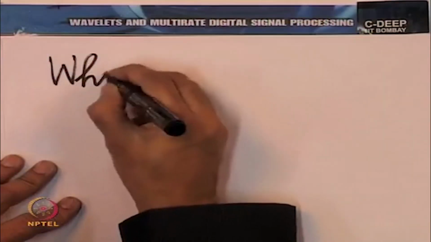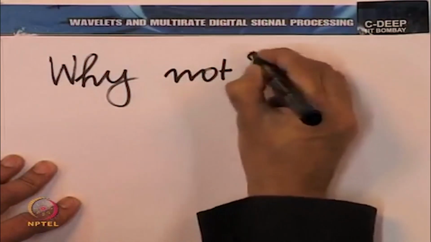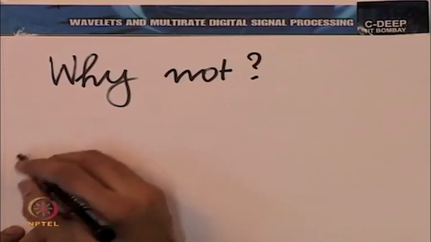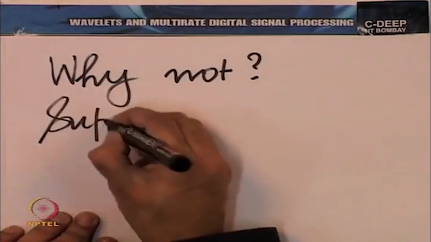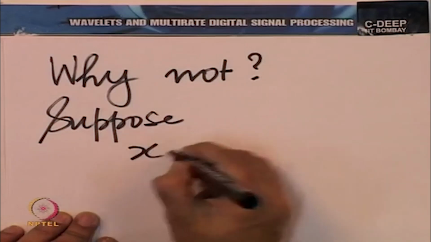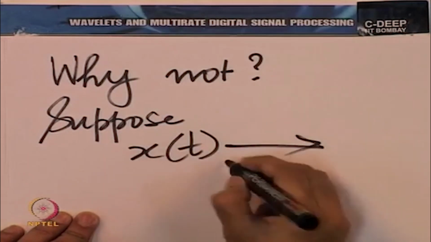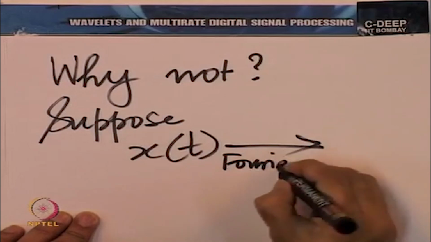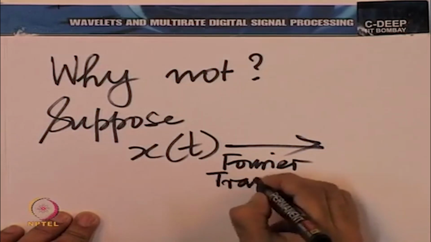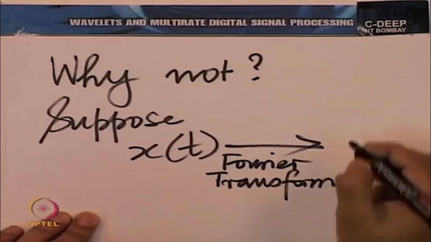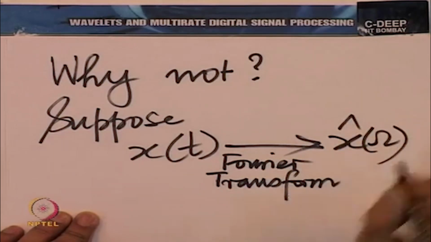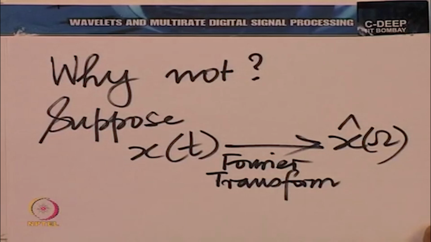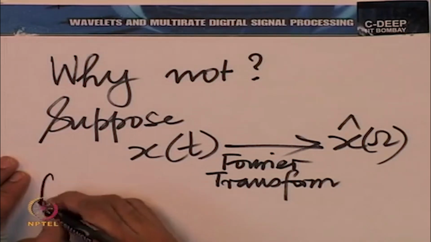The idea behind the proof, why not? Well, suppose x(t) has the Fourier transform X cap(omega). Let us take omega if you like. And let X cap(omega) be compactly supported.